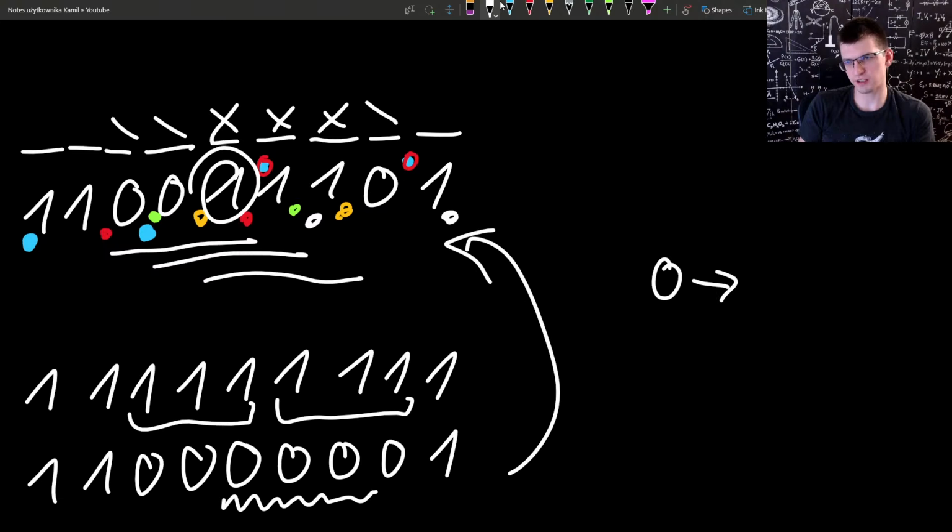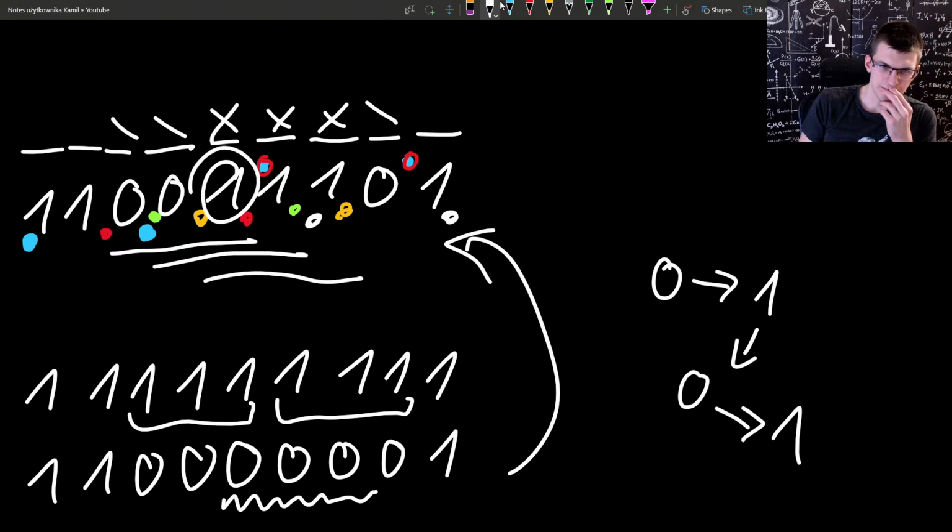The most complicated process there might be is from 0 to 1, from 1 to 0, and from 0 back to 1. And this process happened here. This one was modified 3 times. It's in the yellow pair, green pair, red pair. Yeah, 3 times. Let's hope that's the most complicated situation there can be.